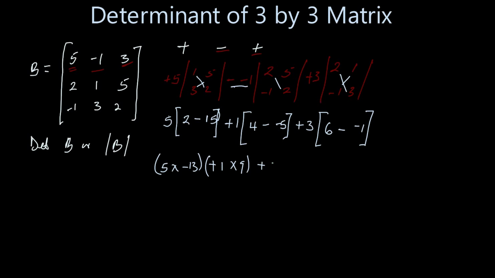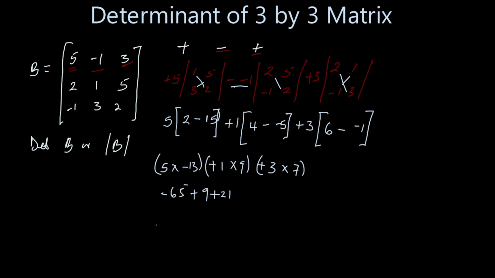And lastly, we have 3 multiplied by 6 minus 1. And 6 minus 1 is again 6 plus 1, which is 7. And minus 13 times 5 will give us a minus 65. So we have minus 65. Then plus 9 times 1 is a 9. And 3 multiplied by 7 will give us a 21. So we have a plus 21.